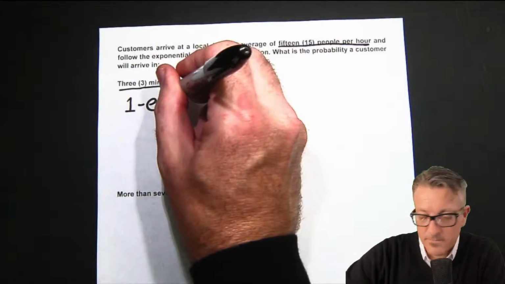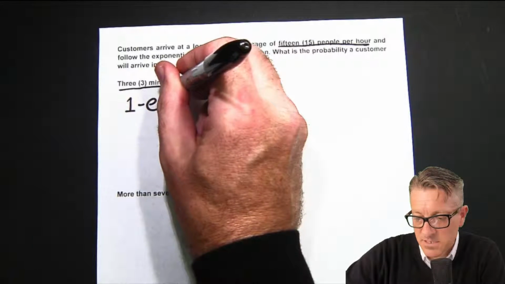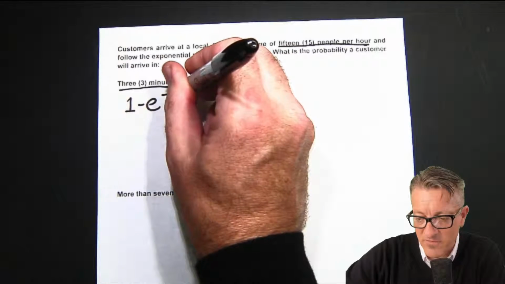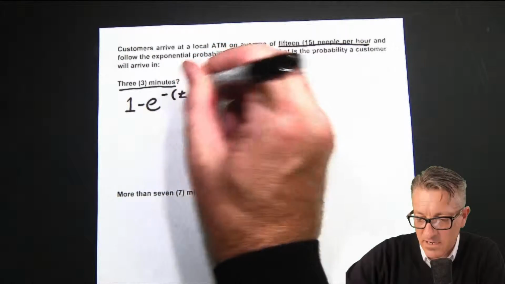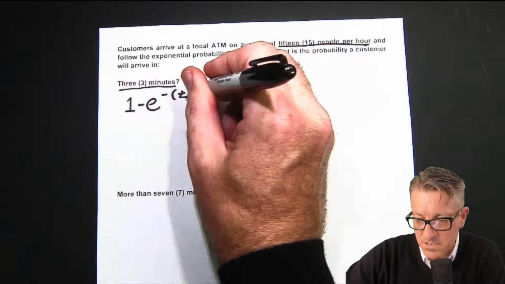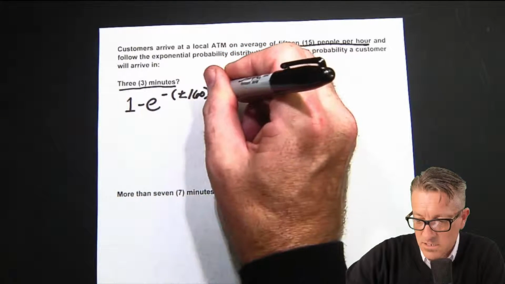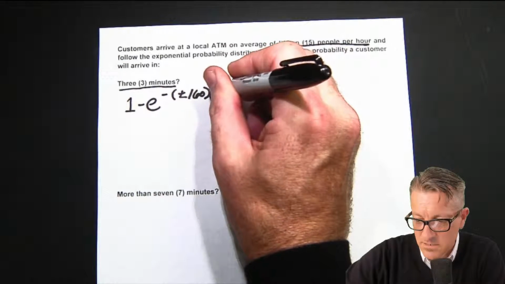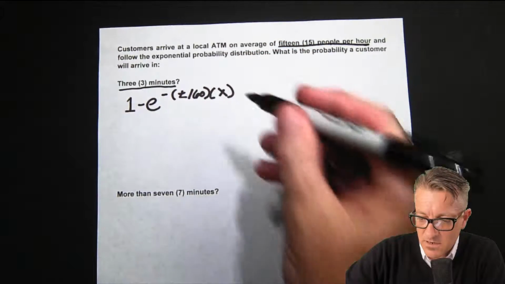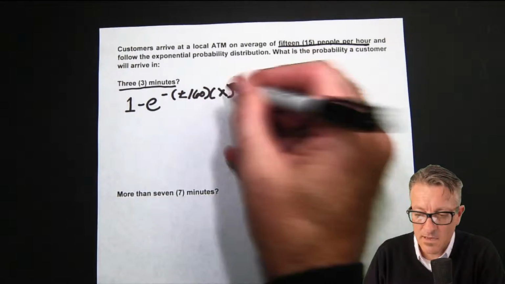And this is where mine might be a little different, but I'm assuming that I'm not the first to format exponential probability distribution questions like this. It's not too creative. And this is my lambda.